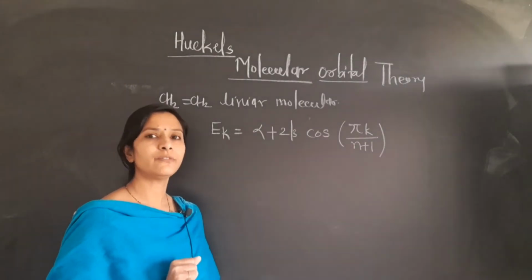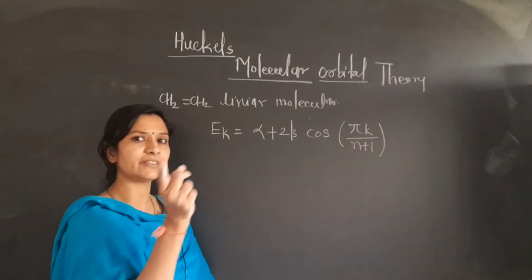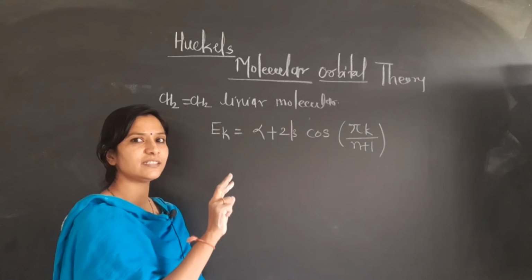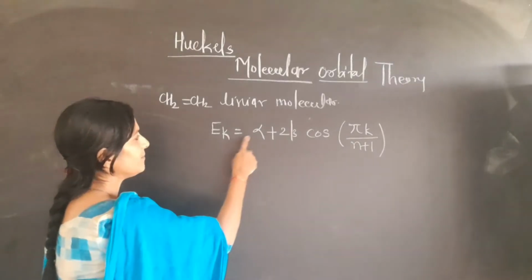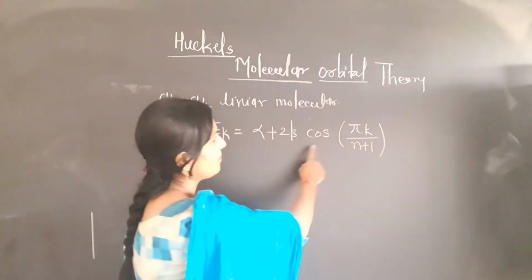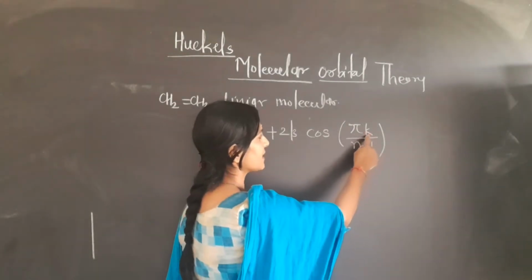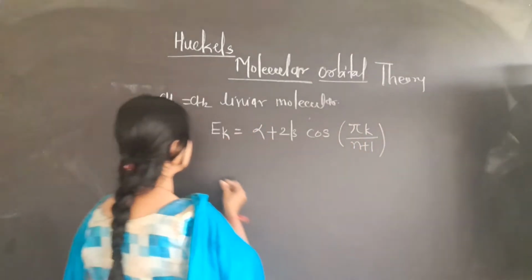Okay. So friends, here also that equation is the same. Both equations are the same, only the denotation is different. Alpha and beta are the energy terms, pi is a constant, N is the number of carbon atoms and k is the level.